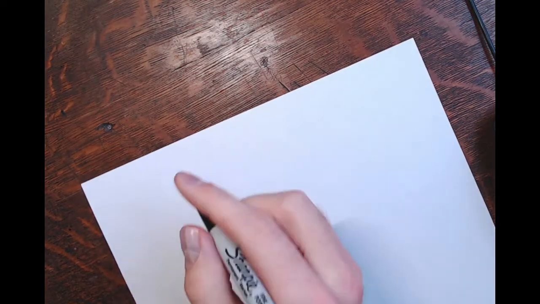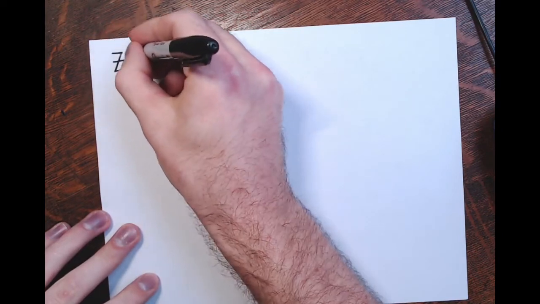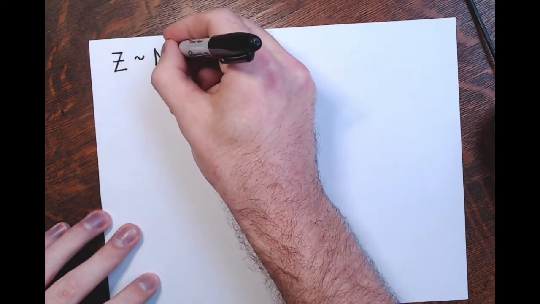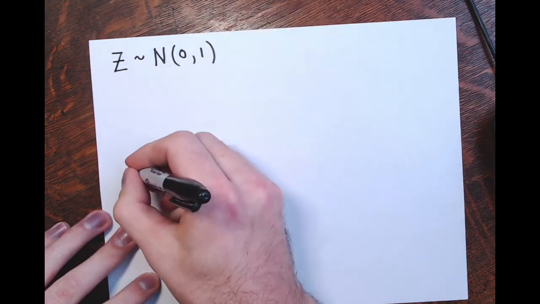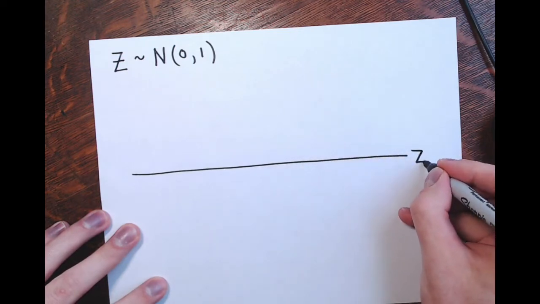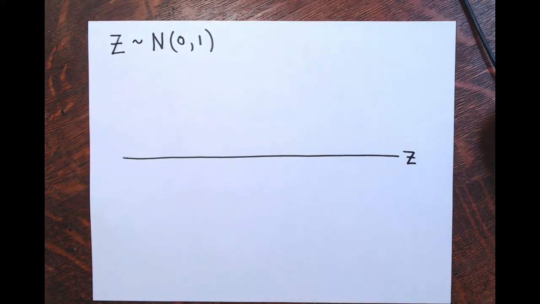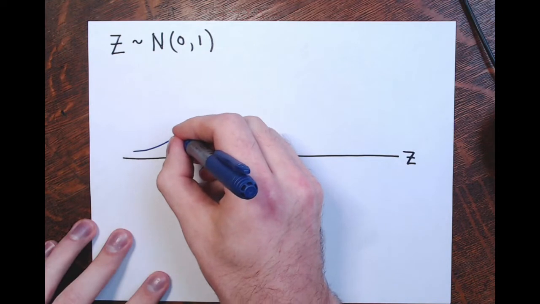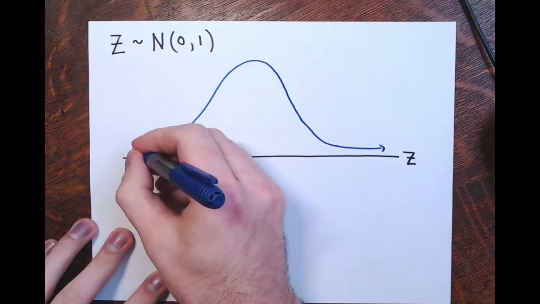So now we're looking at the standard normal, the Z, which was normal with a mean of 0 and a standard deviation of 1. I'm going to draw a similar picture. These are possible values of Z, possible z-scores, on this number line, and a symmetrical bell-shaped curve above it, going on forever to the right and left.